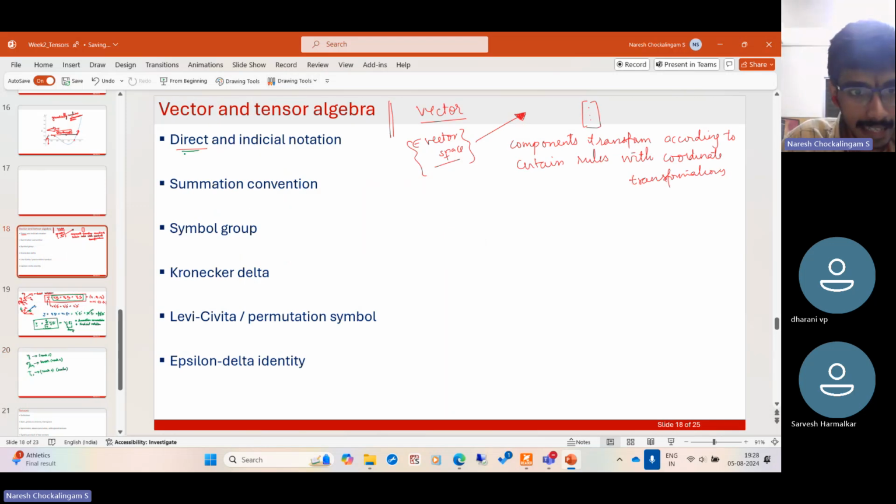Direct notation is just this. Indicial notation is just putting the component Vi. And summation convention, as I said, if we have Vj Ej, you have an index that is repeated. It means that there is a summation over that index going from 1 to some understood number. In 2D it is 2, in 3D it is 3.